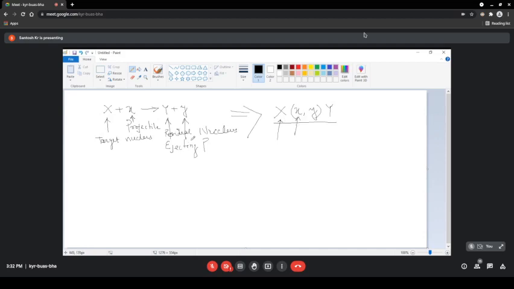Projectile means, suppose this is aluminum, copper, whatever, it is known as the target, and some particle is bombarded, it is known as the projectile. And if some emission occurs, it is known as the ejecting particle.